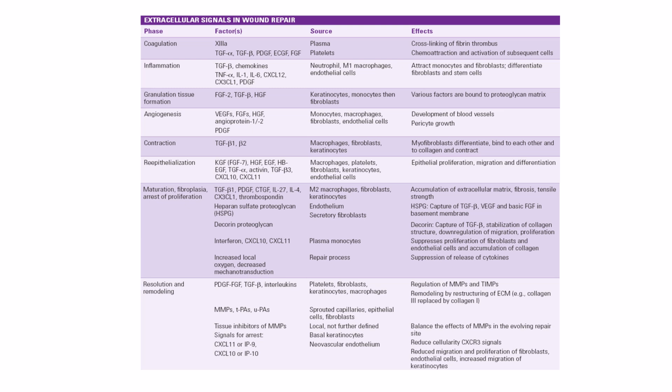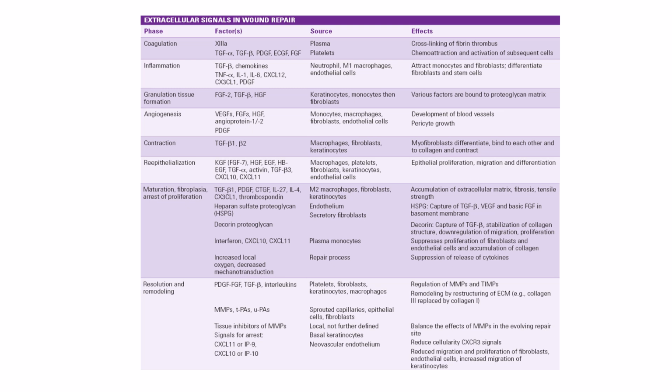So, these are the various phases of wound repair. First is the coagulation that needs factors 13A, TGF alpha, TGF beta, platelet derived growth factor, ECGF, and FGF or fibroblast growth factor.